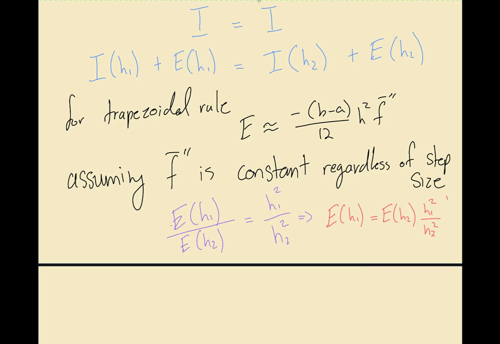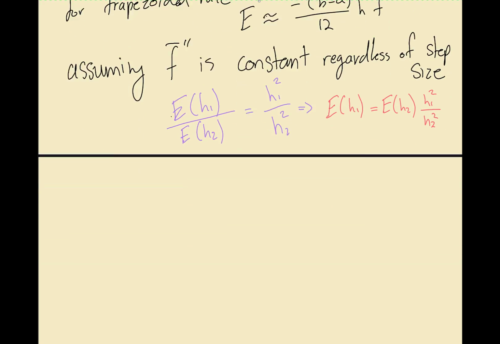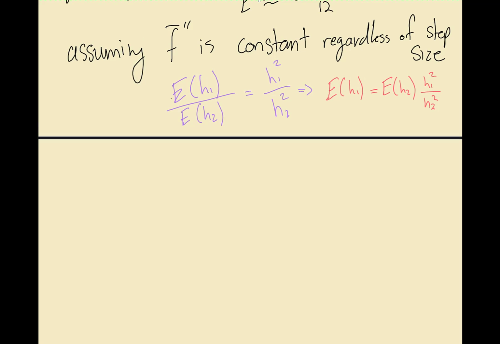So now I can take this and plug it in here and then solve for the error when I have a step size of h2. And if I know that error, then I can plug it into this part of the equation and find the true estimated integral, because we are still estimating the error, it's not exact. All right, so let's plug it in.